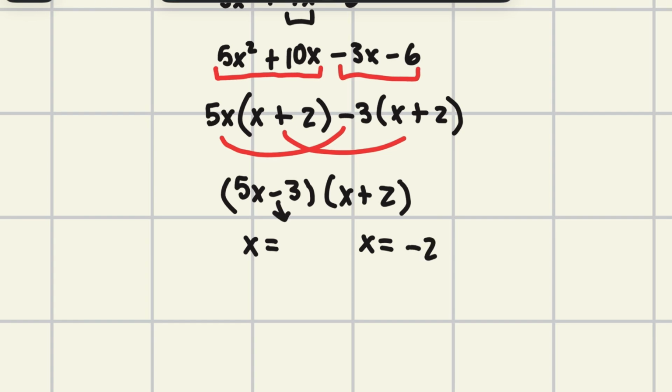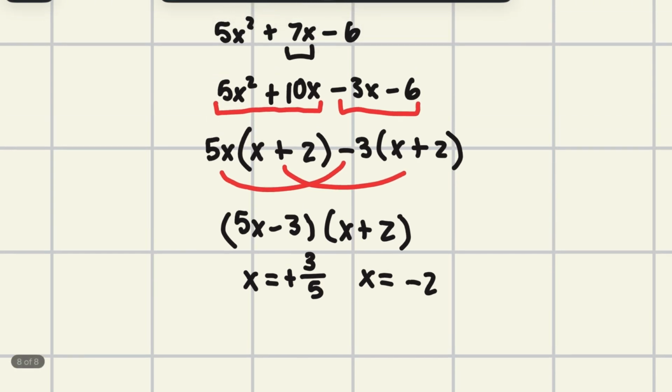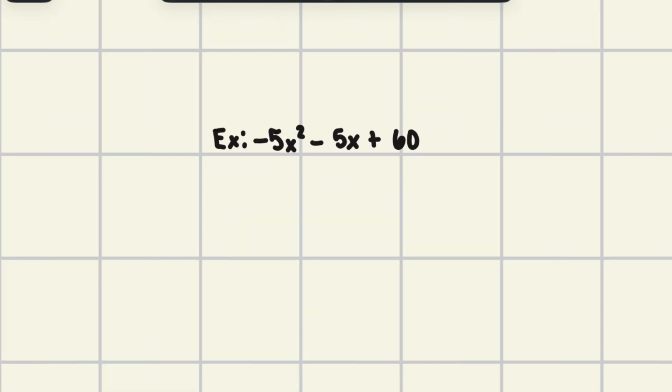Now this one is going to be a positive because it's negative on the inside. You're going to take your second number on top and your first number on the bottom. So you'll have x equals positive 3 over 5. And that's your answer.